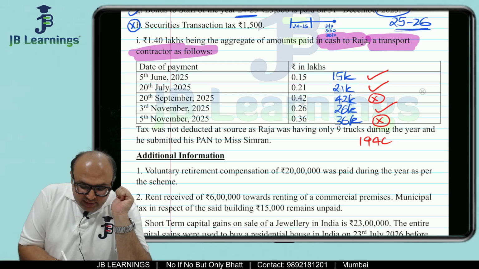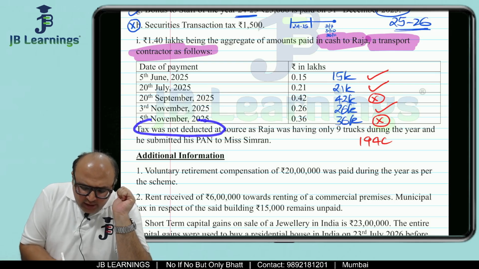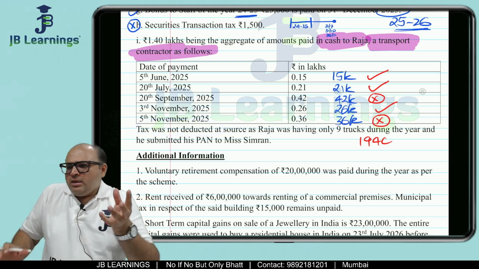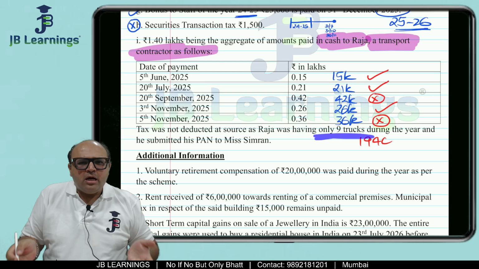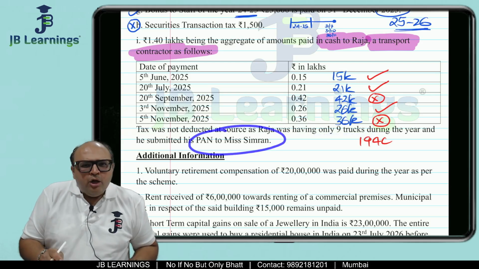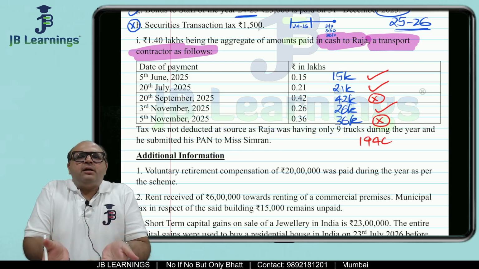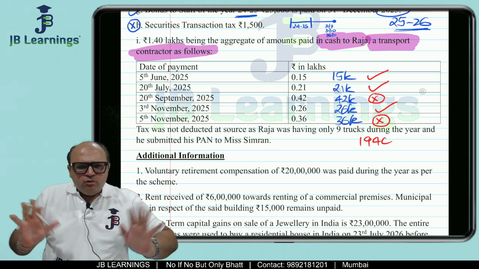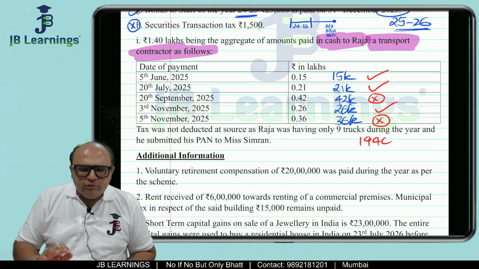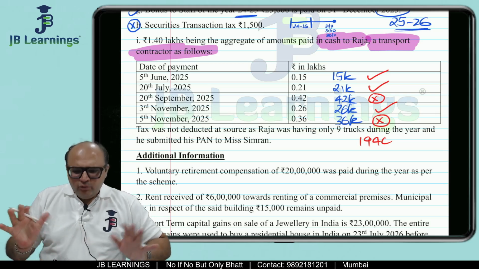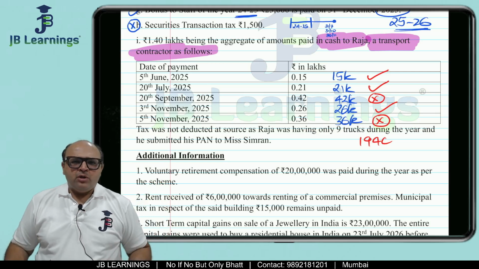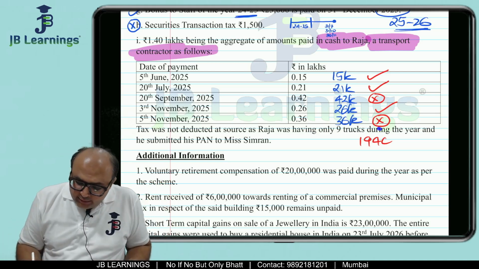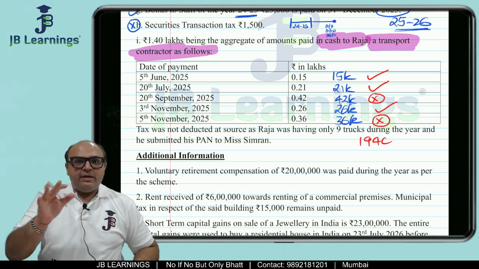So, when they have said tax was not deducted at source, it's fine. Anyway, if the person is having less than 10 trucks and he's giving you PAN, you are not required to deduct the tax. So there is no harm in that. There is nothing wrong which Miss Simran has done. So there is no need to disallow 30% in this. So you have to go and read section 194C very well.